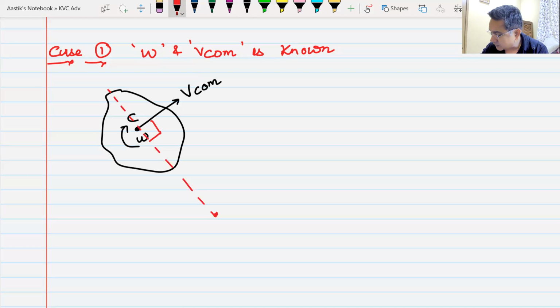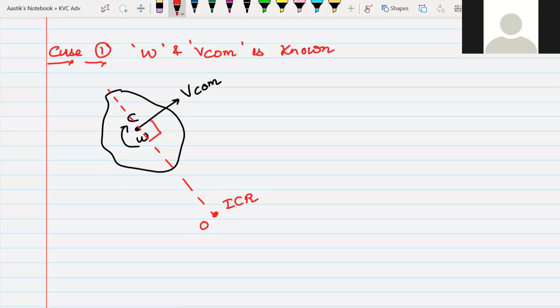So the velocity of the center of mass must be perpendicular to the line on which the center of rotation lies. So this is the ICR, somewhere here the ICR will lie, and the distance from the center of mass to the instantaneous axis of rotation, let us say, is R.